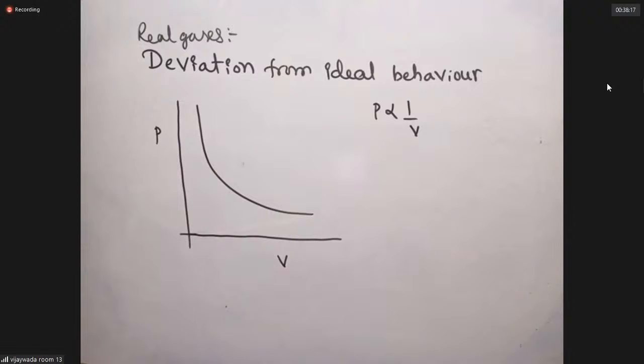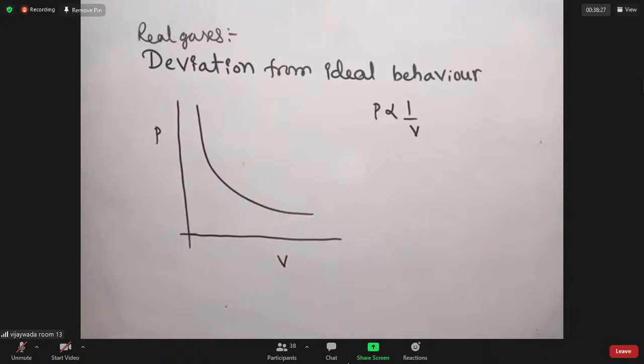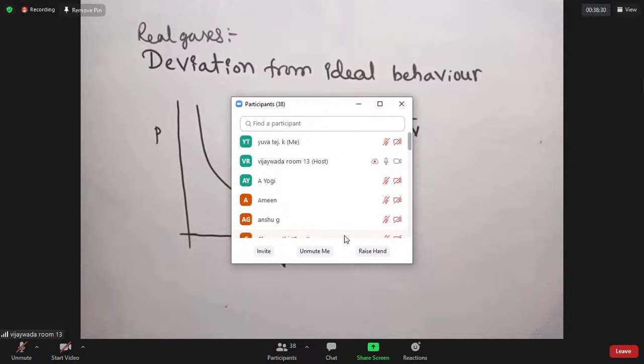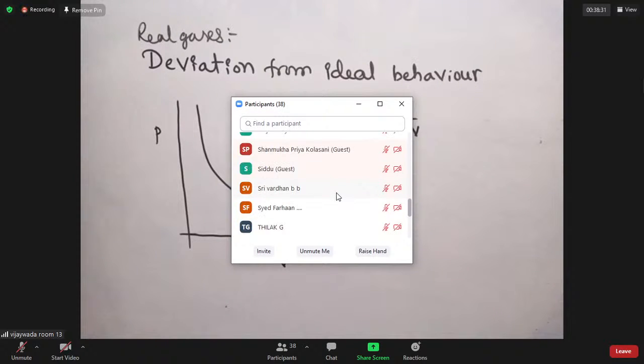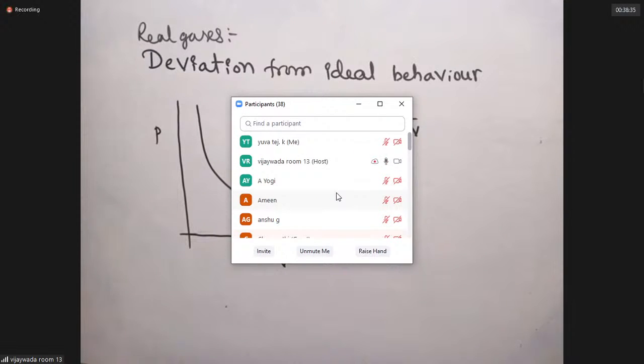Students, the scientist Van Revel studied some gases, most of the gases, to see whether the gases obey PV equal to nRT at all conditions or not.